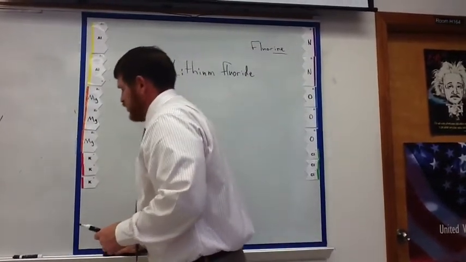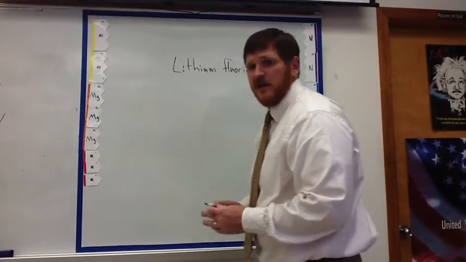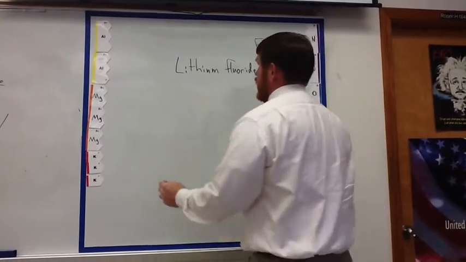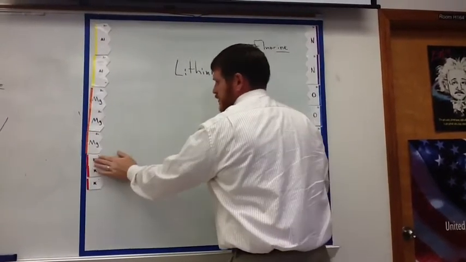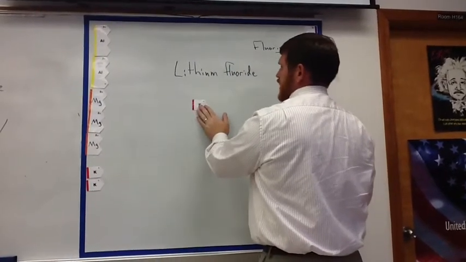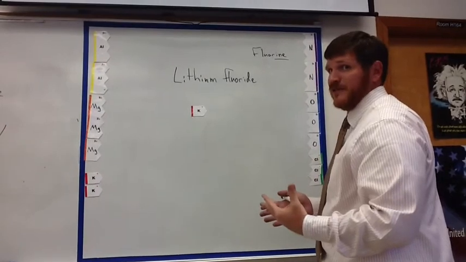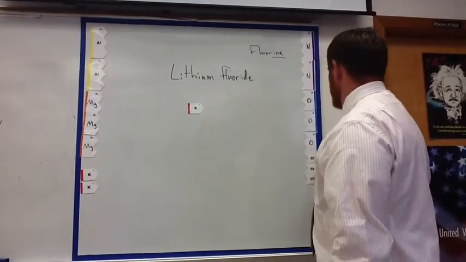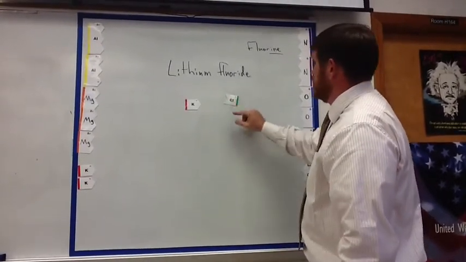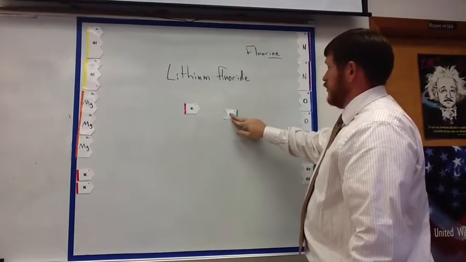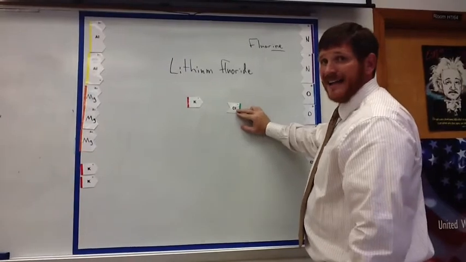The third version is actually using my manipulatives. Now, I'm going to use a manipulative that has the same charge, even though it's a different element. Lithium has a 1 positive charge, so I'm going to bring over potassium. Potassium has a 1 positive charge as well. He's kind of in the same family. That is why they're in the same family, is they have a 1 positive charge. Chlorine, who's in the same family as fluorine, when I make the ion, that's chloride.